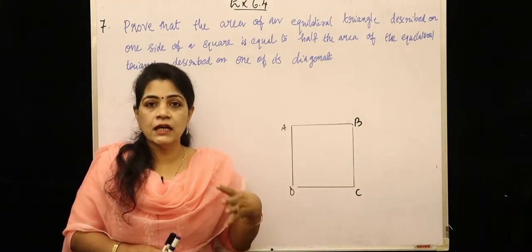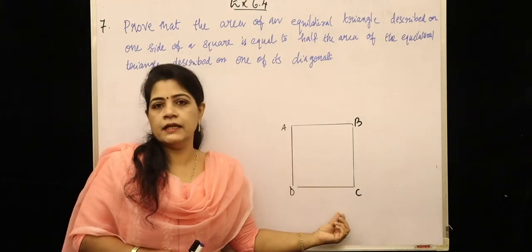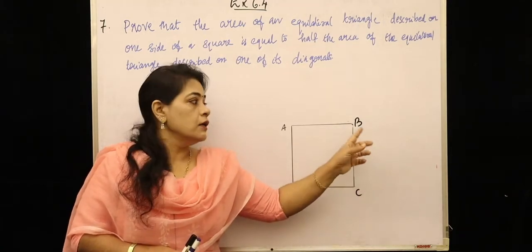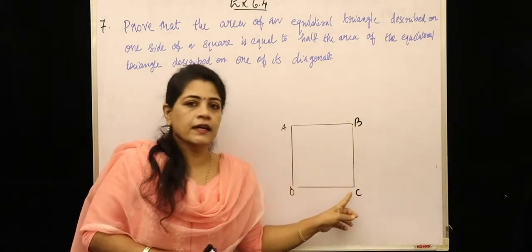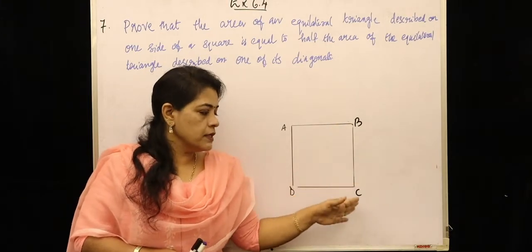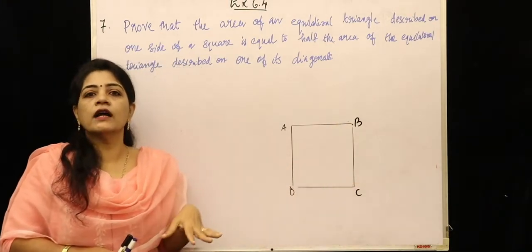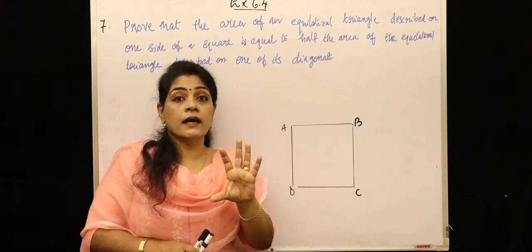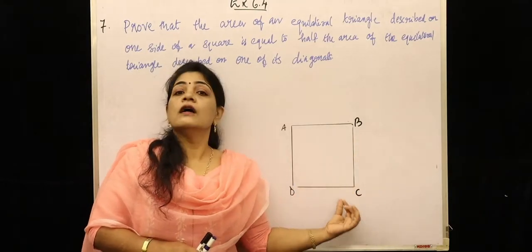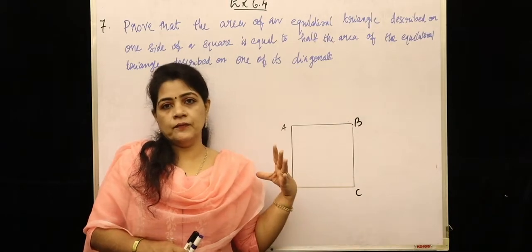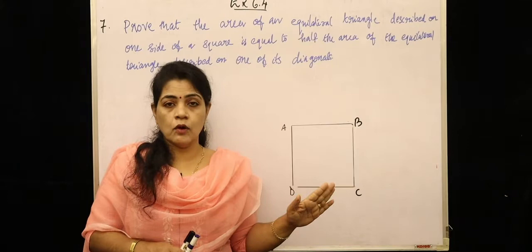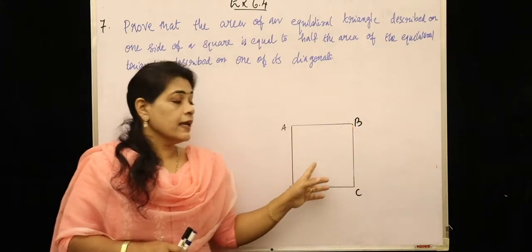That means we have a square ABCD and an equilateral triangle described on one of its sides, either AB, BC, CD or AD. According to our convenience, we can mark an equilateral triangle on one side of the square ABCD. And another equilateral triangle must be described on one of its diagonals.